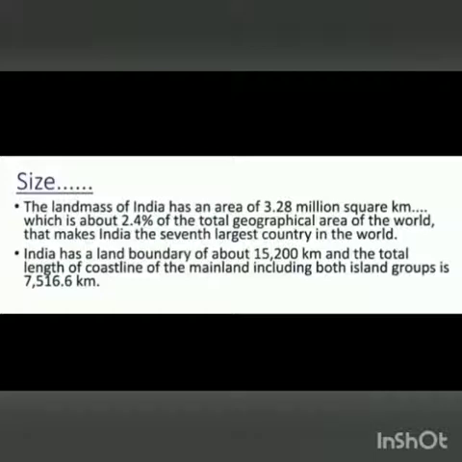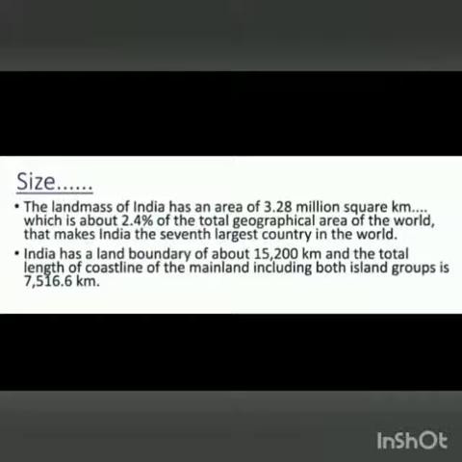What do you understand? That India's total area accounts for 2.4% of the total geographical area of the world, and India comes at number 7 in terms of the area of the country in the world.